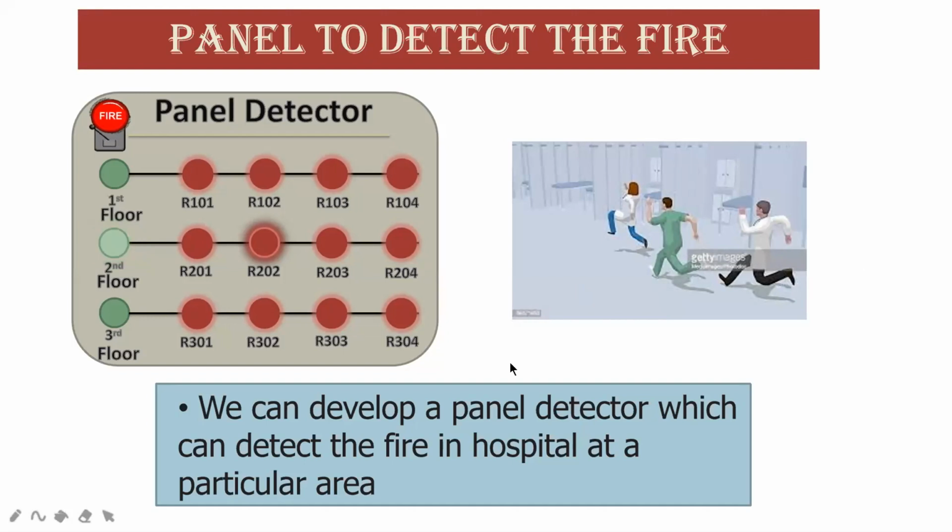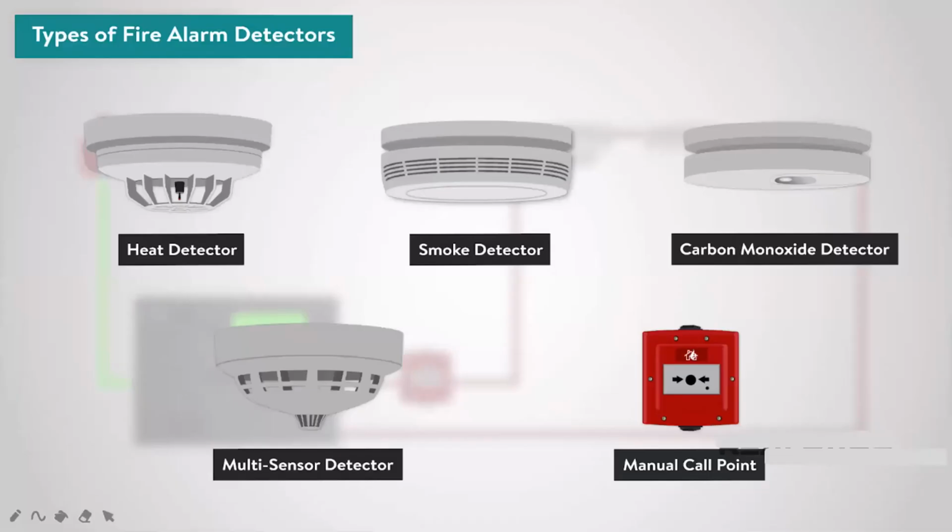This panel is very useful for evacuating with staff. And these are the types of fire alarm detectors: heat detector, smoke detector, carbon monoxide detector, multi-sensor detector, and manual call points.